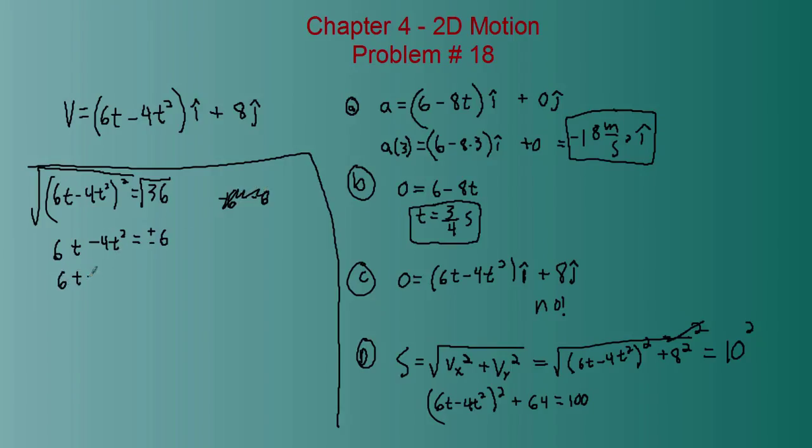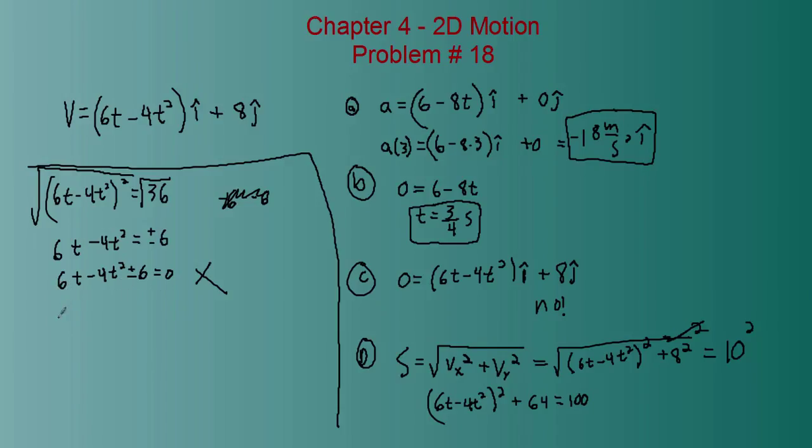So this could be either plus or minus, and that's going to matter because if we solve this for 0, minus 4t squared plus or minus 6 equals 0, we're going to find that if we use plus, no roots. So we want to do the minus. And while we're doing that, divide by 2.